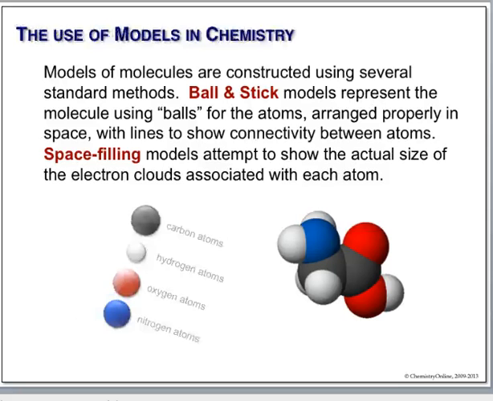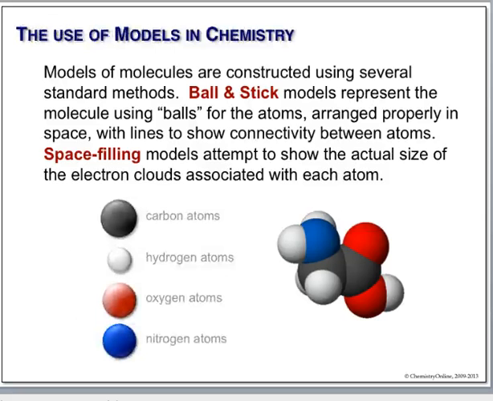Our color scheme, almost universally. Carbon will be black or gray. Hydrogen, white or gray. Oxygen's almost always red. Nitrogen's almost always blue. The other guys, you kind of try to pick out what the element looks like. So sulfur is yellow, for example. Iodine will be purple. Chlorine will be greenish yellow.